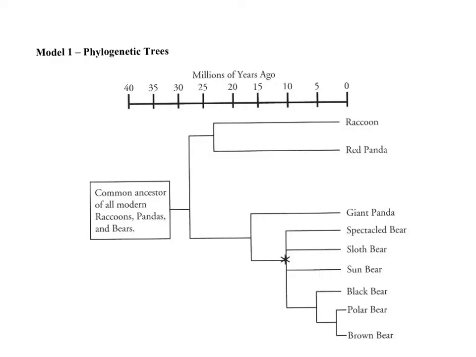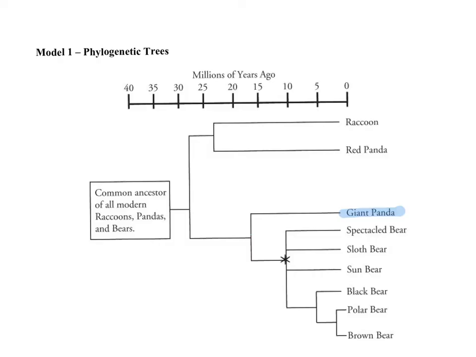So are they closely related? The other thing you're going to use in your justification is where their common ancestor is. First, I'm going to highlight the giant panda because this is the one I'm going to compare to the other bears. I'm going to start by comparing the giant panda to the red panda.